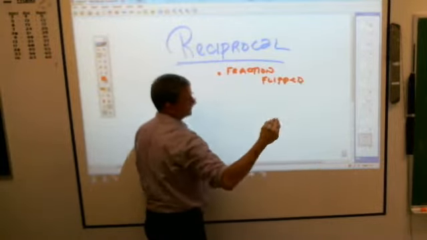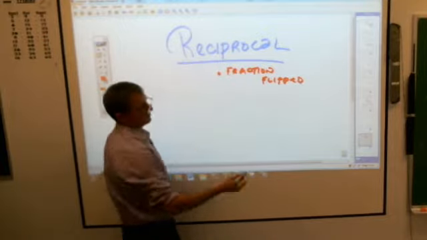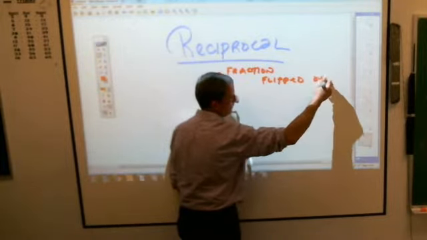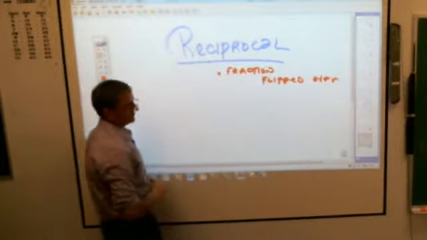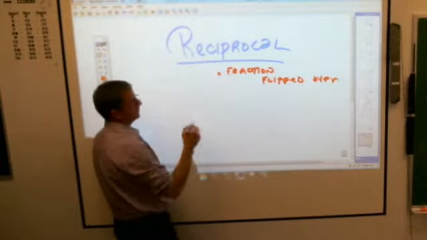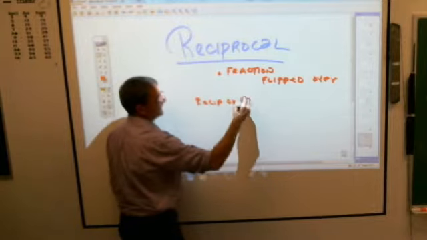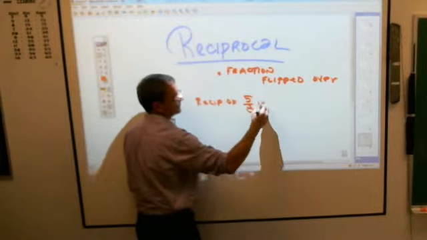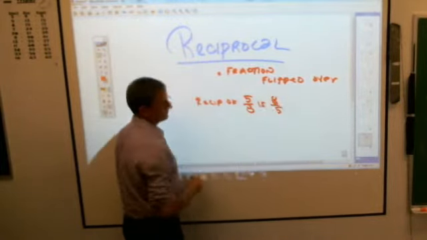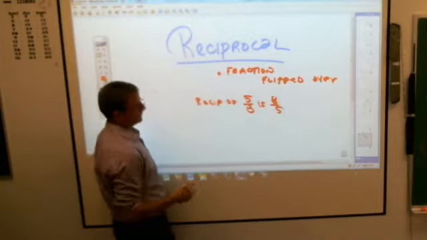When we do division, we actually multiply by the reciprocal. That's really what Danny said. So the reciprocal of 5/8 is 8/5. You just take the fraction and flip it over.